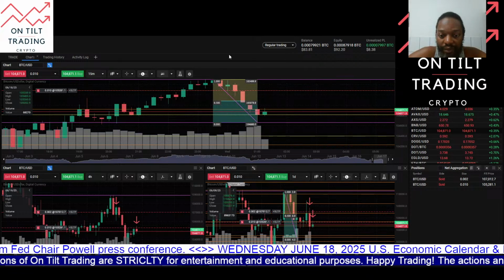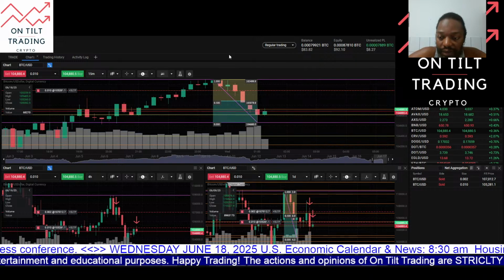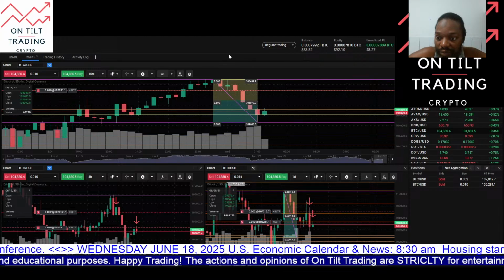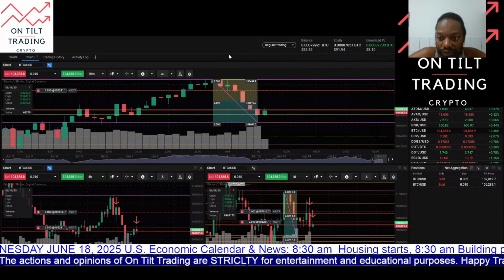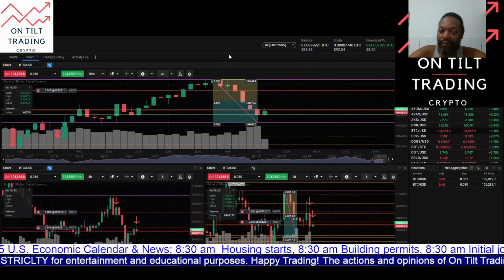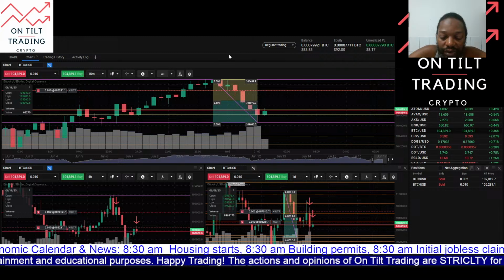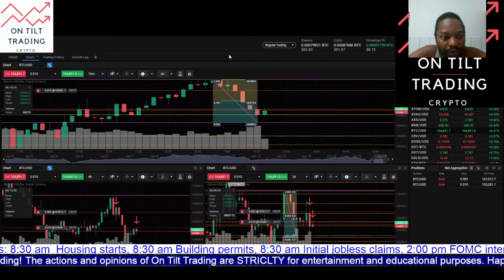And price still consolidating. So it looks like the consolidation range has extended to the 104,800 to the 104,900 range. So trading in a $100 range now in this current candle on the 15-minute chart.